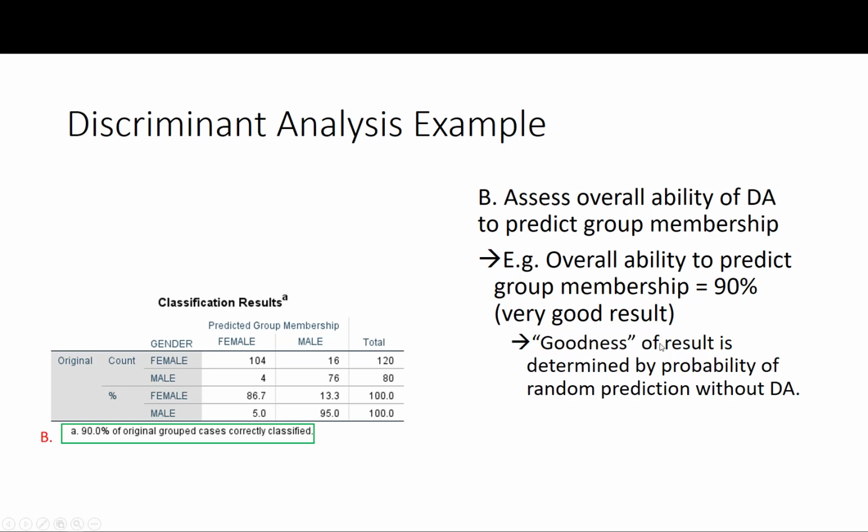How good this result is depends on the number of groups that you are trying to predict and the number of observations you have in each group to start with. So is it better than random? The higher the percentage is above a random assignment to groups, the better discriminant analysis test that you have.